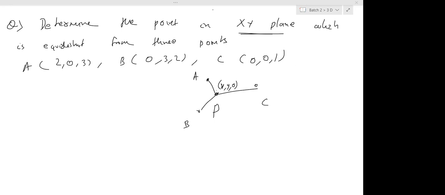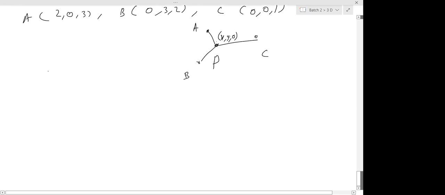Let's see. The point is in the xy plane, so I assume the point as (x, y, 0), right? We know that PA should equal PB should equal PC. Let's solve PA equals PB first. The coordinates of point P are (x, y, 0) and A is (2, 0, 3).